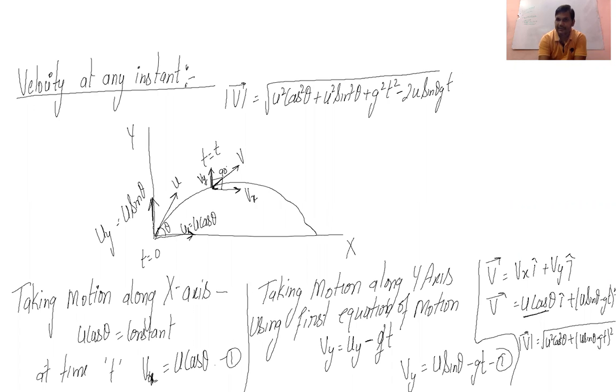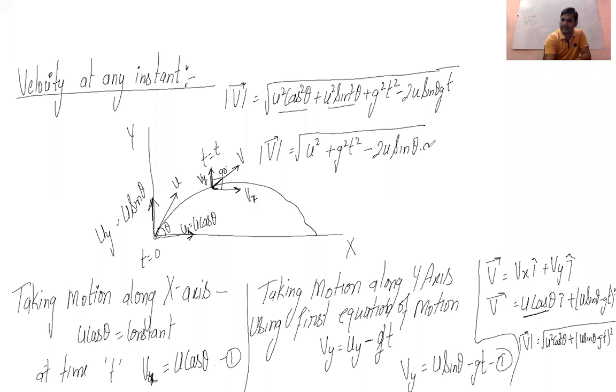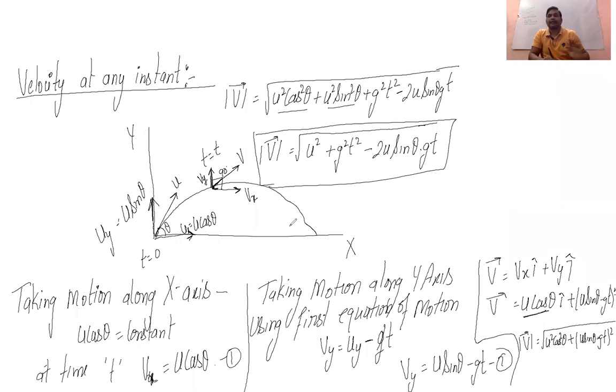We can take u square common here, and we get u square plus g square t square minus 2u sin theta into gt, under the root. So this is how we can calculate the velocity at any instant.